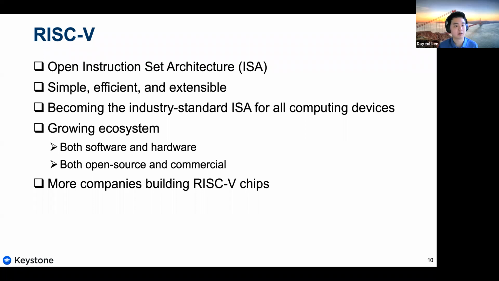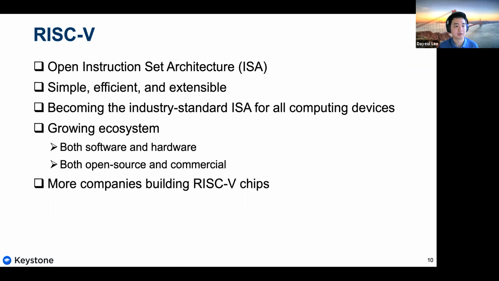It's now becoming a kind of industry standard ISA for all kinds of computing devices, starting from the embedded devices and then server devices. The RISC-V ecosystem is also growing rapidly on both software and hardware side. There are a lot of open source and commercial RISC-V cores available out there.